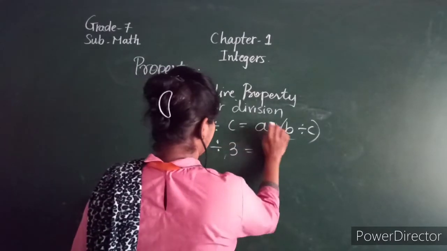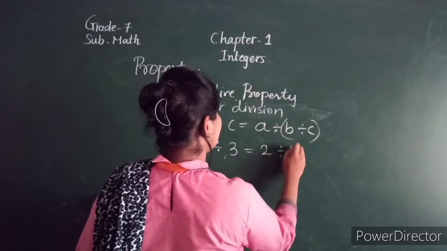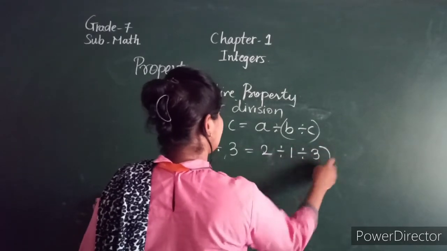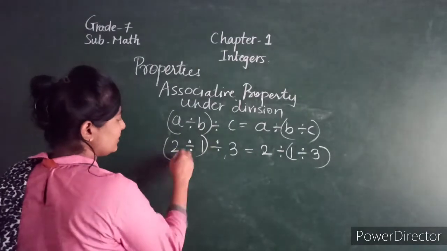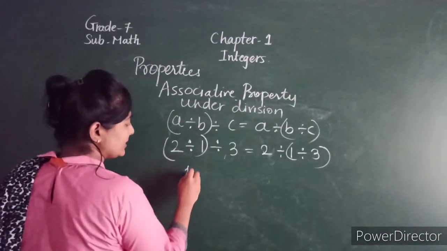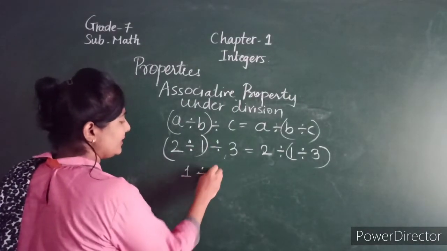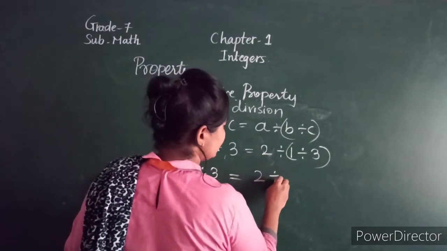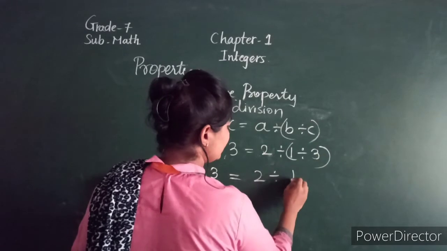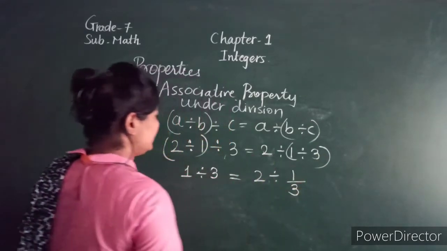And here 2 divided by the group 1 divided by 3.